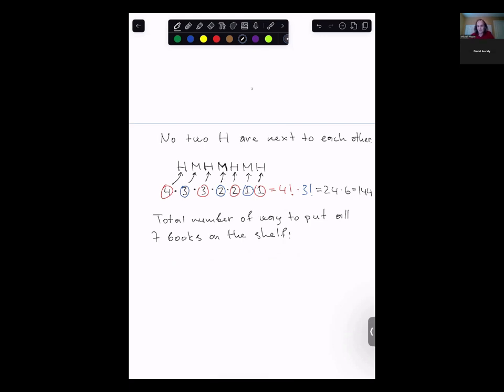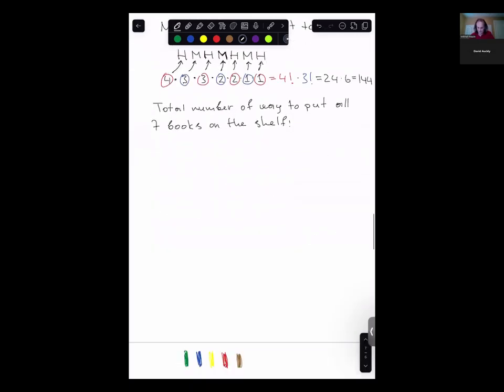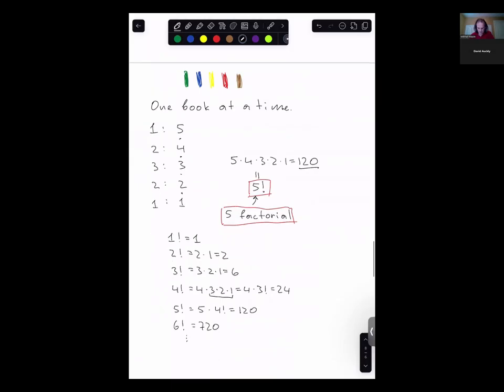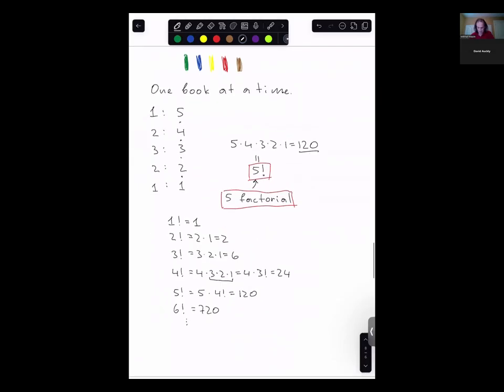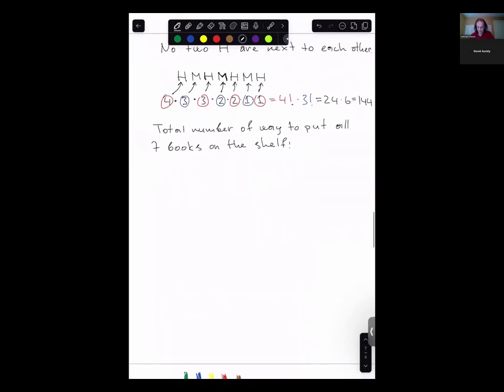So that's kind of similar to the previous problem, actually. So now we just have seven books. We need to put them on the shelf, right? So it's like here. Well, I don't have to actually count it. I'll just write 7 factorial. So it's 7 times 6 times 5 times 4 times 3 times 2 times 1. Sometimes I get lazy and I just leave it as 7 factorial.